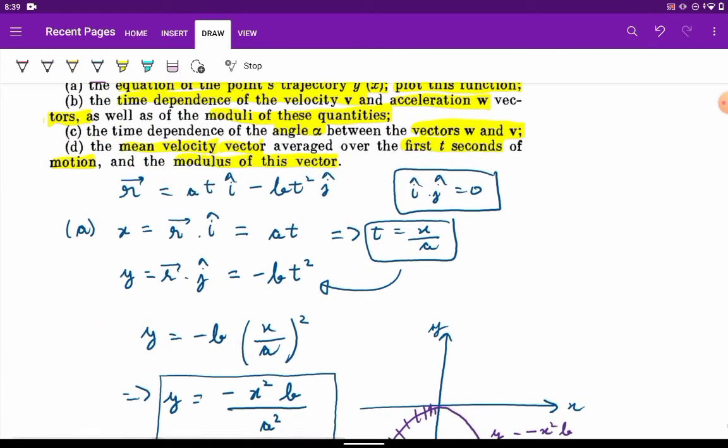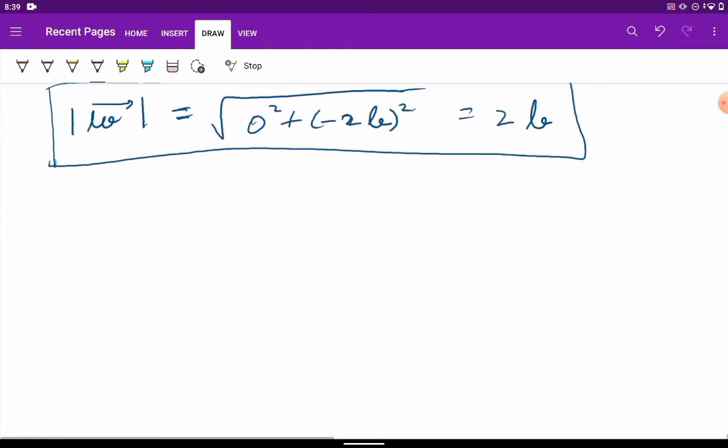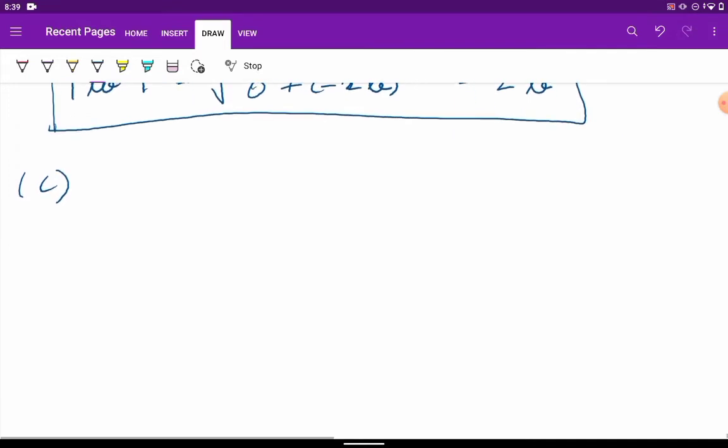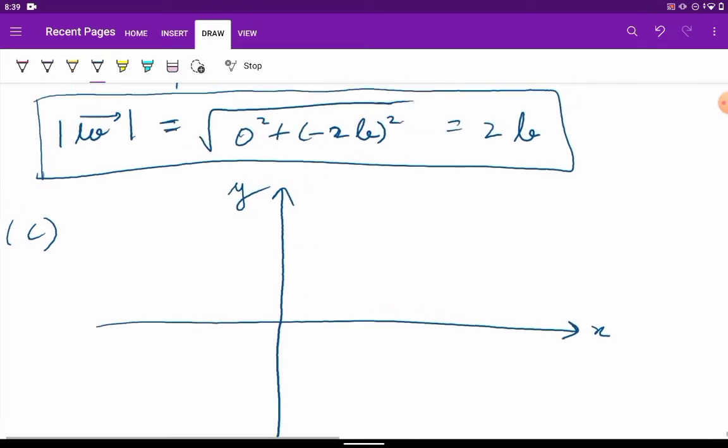C part is the time dependence of the angle alpha between vectors W and V. This is also pretty simple. So let's say these are the x and the y axis. Alright, this is the x axis, this is the y axis.